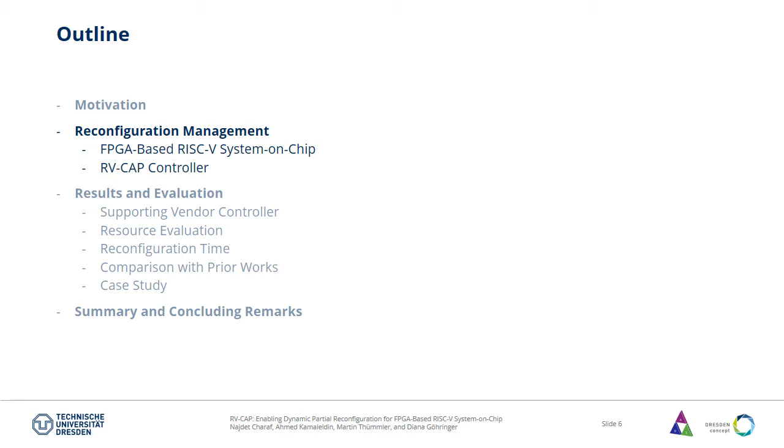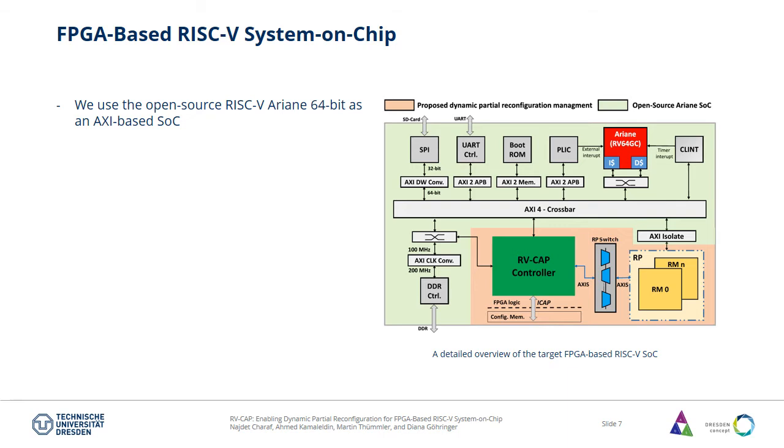So let's talk about the reconfiguration management. The SoC we used is an open source RISC-V Ariane 64-bit, and we use it as an AXI4 based system on chip. Here we can see the Ariane core, which is the master unit in the SoC, and all the other peripherals are memory-mapped slaves.